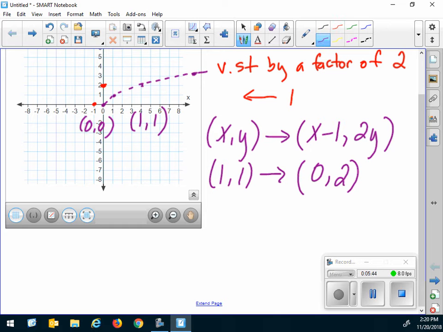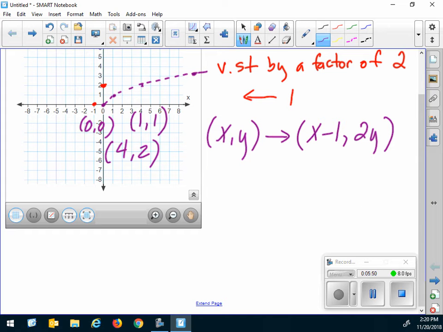We had the point 4, 2. So let's take that point. Where's the point 4, 2 going to go? So 3, 4.